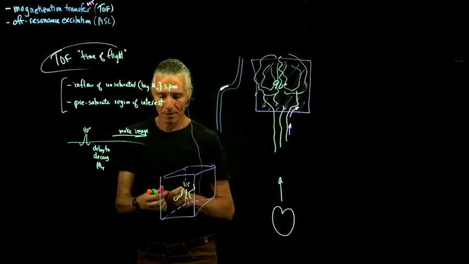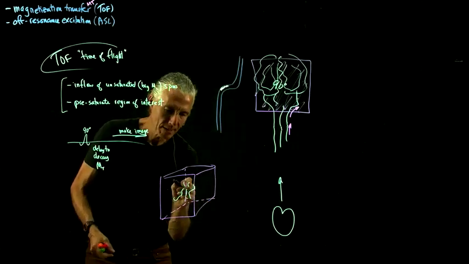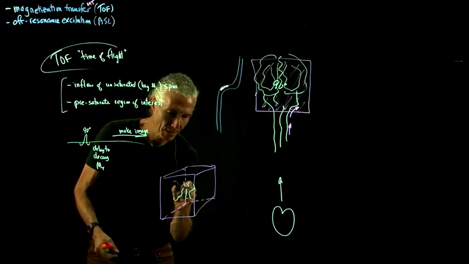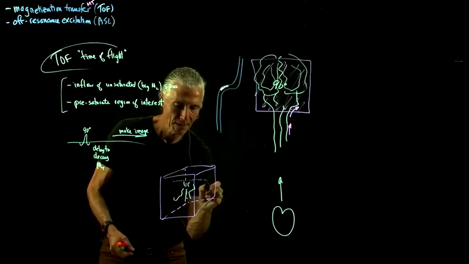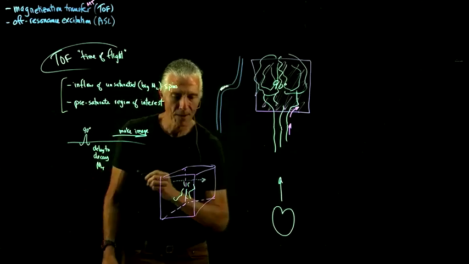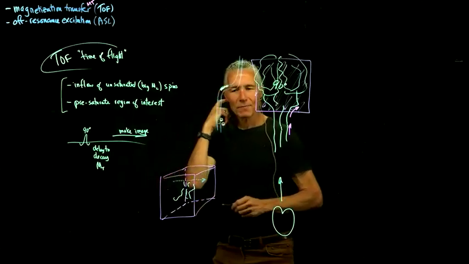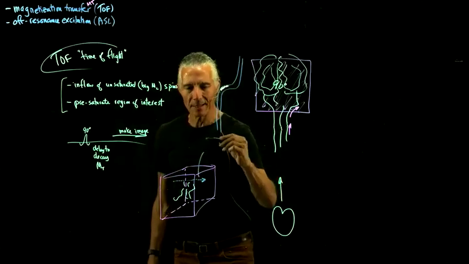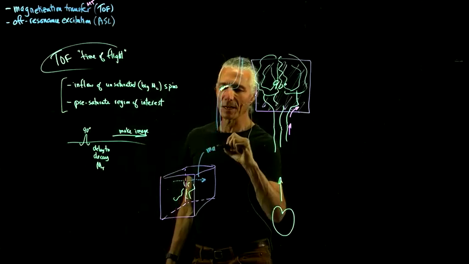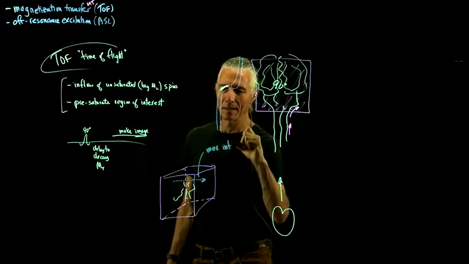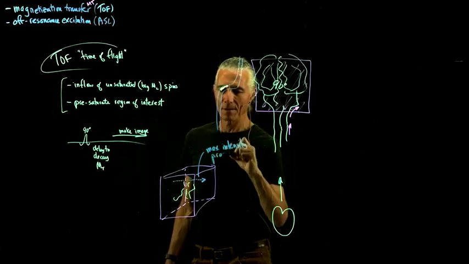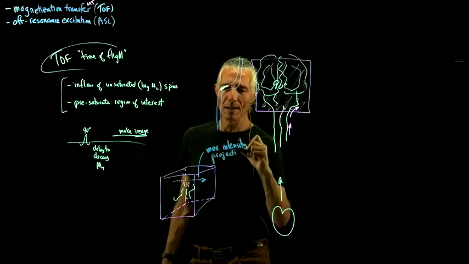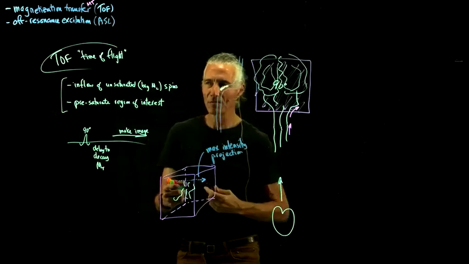Just start somewhere, like start here along the back face, and make a line that comes out to the same point on the front face, and then just take the max. It's called a maximum intensity projection. And so the projection is we just go through a line of pixels and find the brightest one.